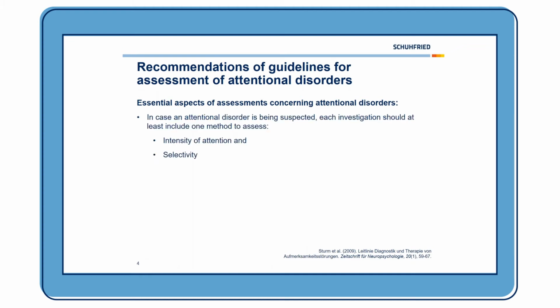So in case an attentional disorder is being suspected, each investigation should at least include one method to assess the intensity of attention, like alertness, and the selectivity of attention, like divided attention or focused attention. And also, if we know there are some right hemispheric, especially parietal damages, then we should always take a look at the spatial attention. So far, so good.